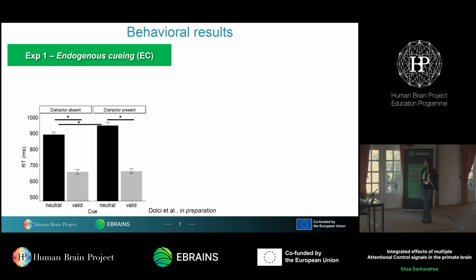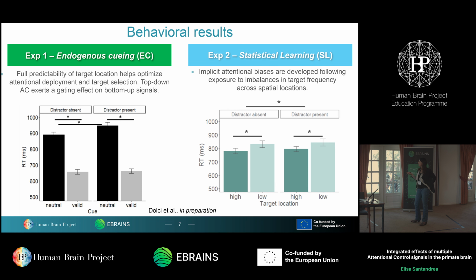For example, we studied endogenous cueing in isolation, and as you can see here, we had a strong effect of the cueing, so reaction times were faster for validly cued targets with respect to targets with no information about the upcoming location of the target. But the interesting thing is that we also have distractor absent and distractor present trials.